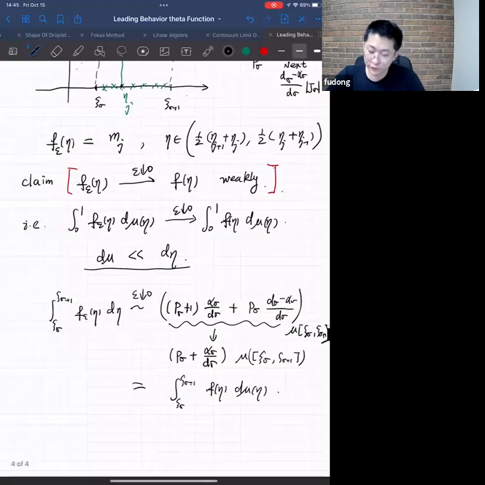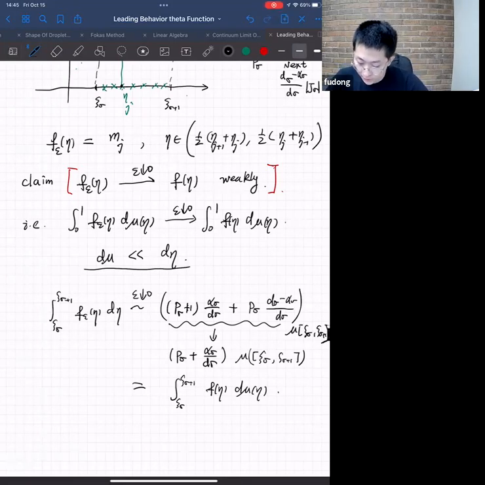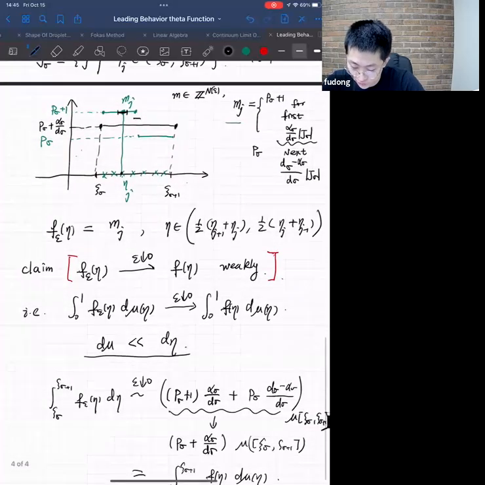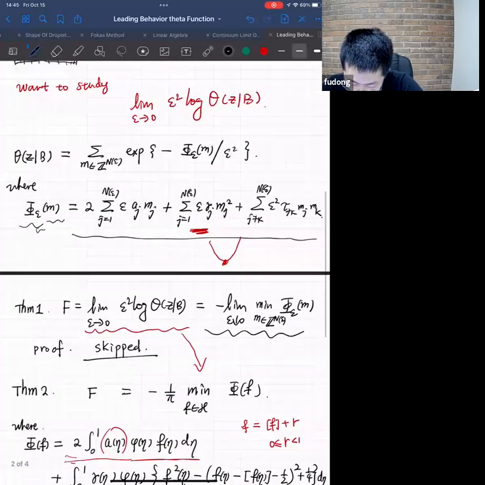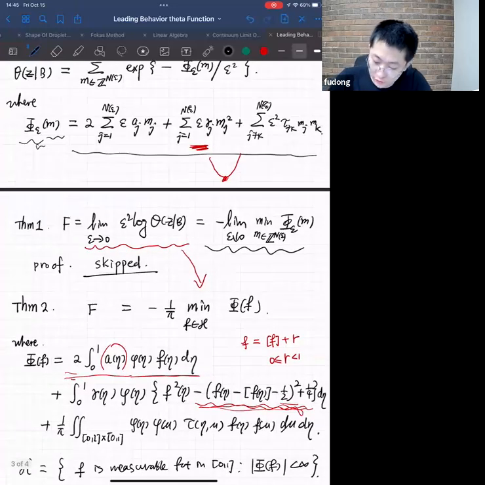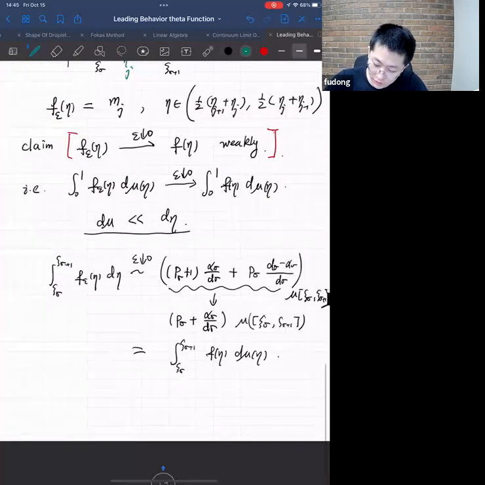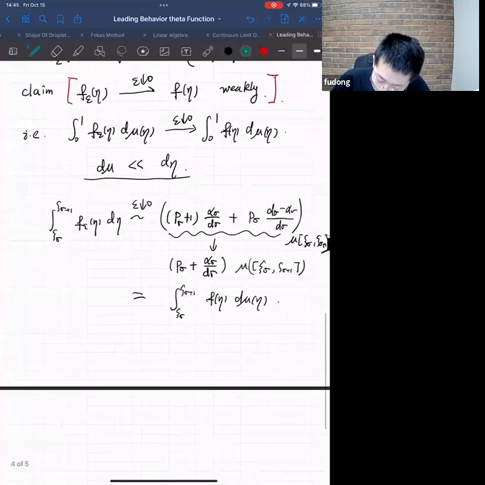So of course, for the whole interval, you can prove that, and based on this, we can go back to theorem 1. So we can find the limit. This will go to the first term for the phi f. And the second one is mj squared. That means we actually need to compute what this limit is.